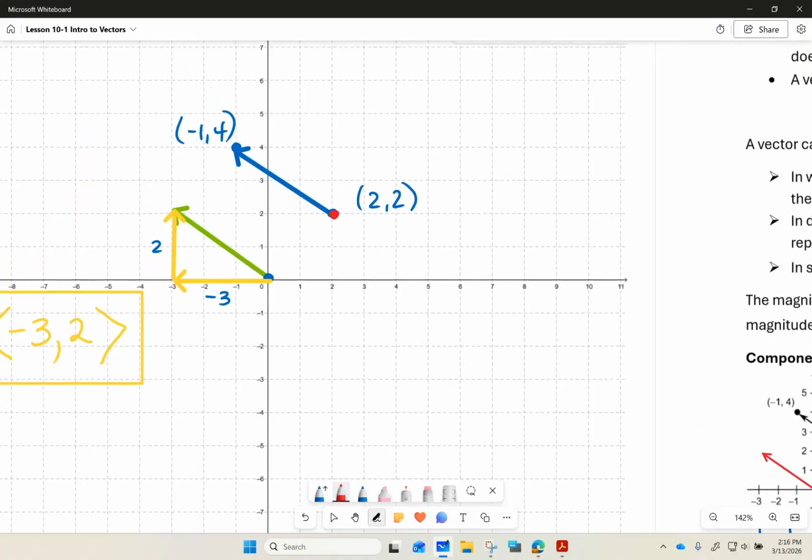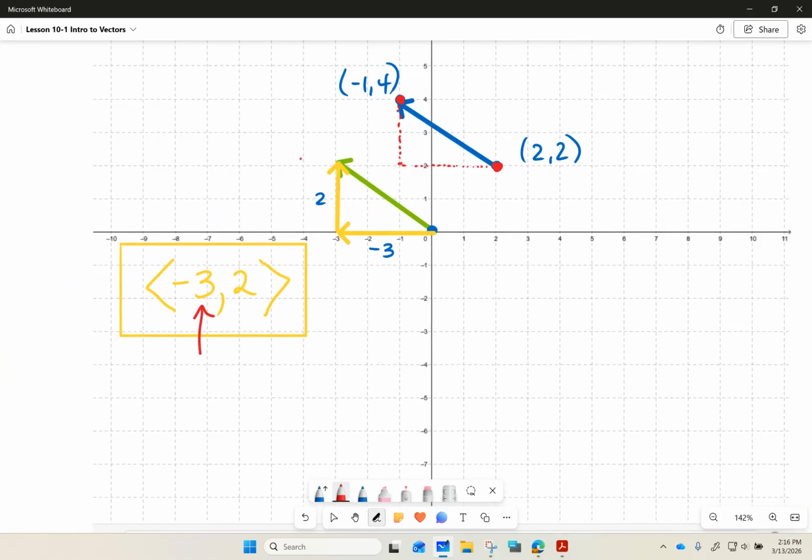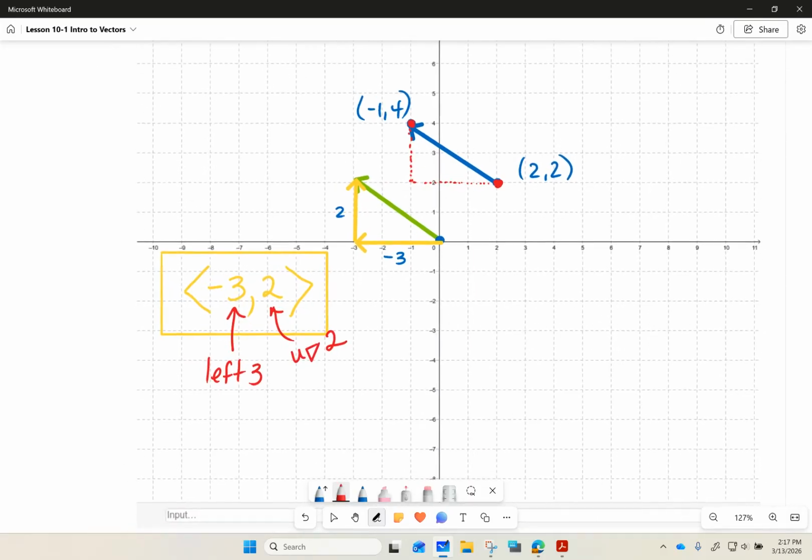You don't have to purposely go back to the origin, but I can do the x movement from here to here was, well, I went left 3 units, and then I went up 2 units. That's what I did, right? I went left 3 units, and I went up 2 units, okay? So yes, if you have a graph and a picture, you can easily tell me what the components are because you're just describing the x and y movement, okay?